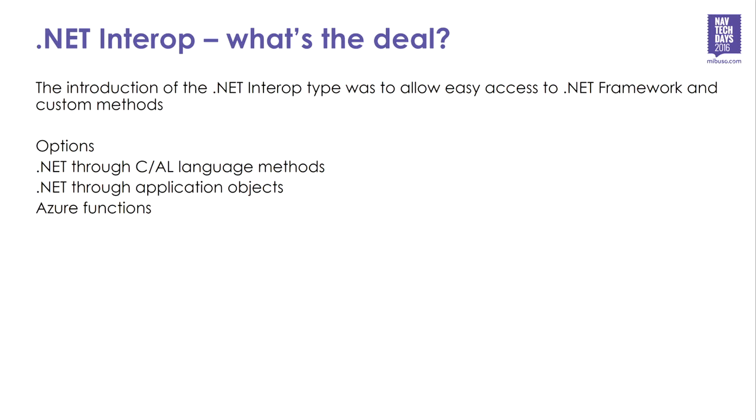The Azure Functions, do you want to talk about that one a little bit? Yeah, since we are planning to add the ability to call externally from the AL language, Azure Functions is a feature in Azure where you can write a piece of C# code which is exposed as a web service that you can call using a REST API, and our plan is to support that.